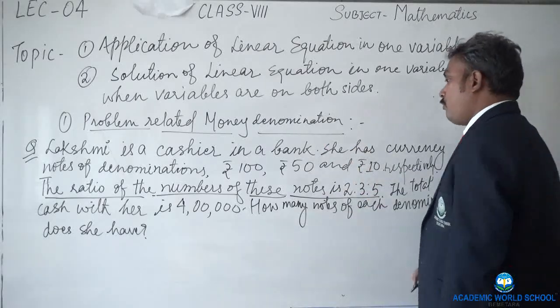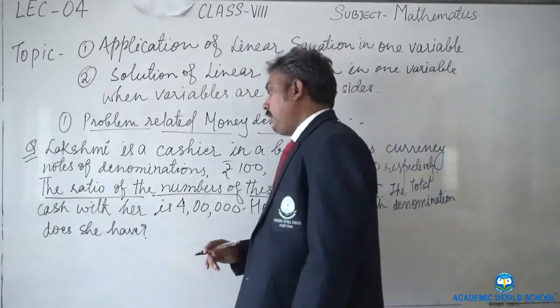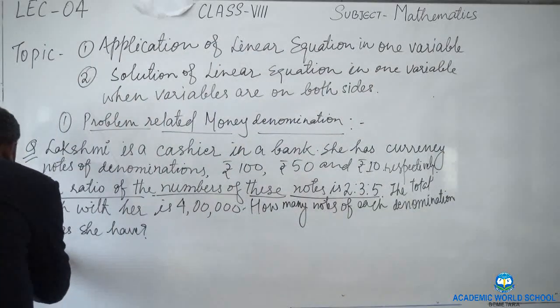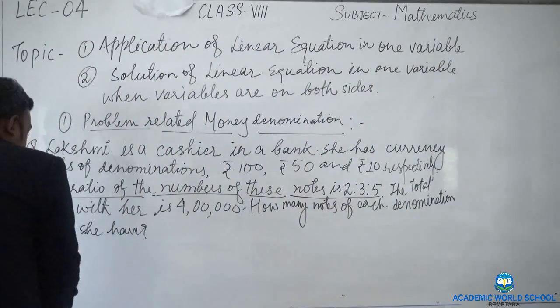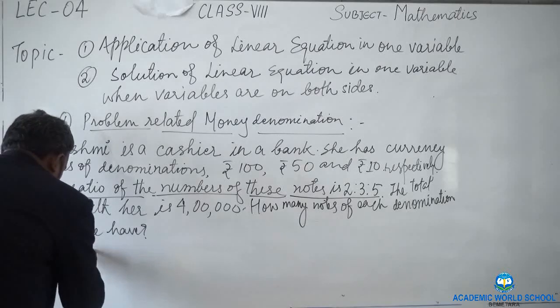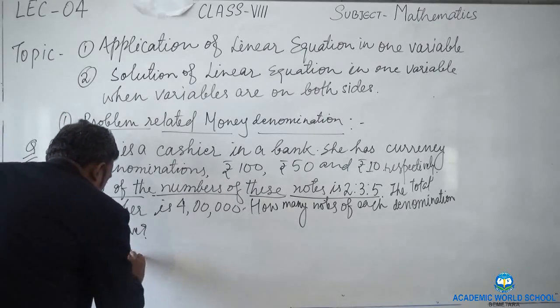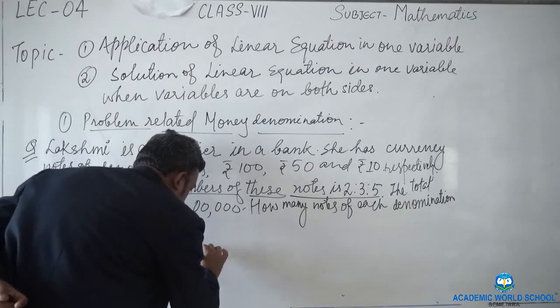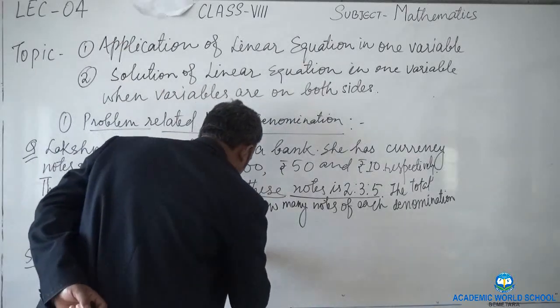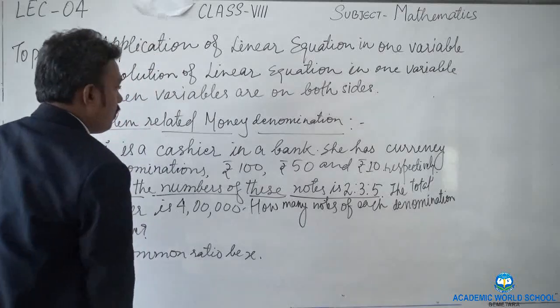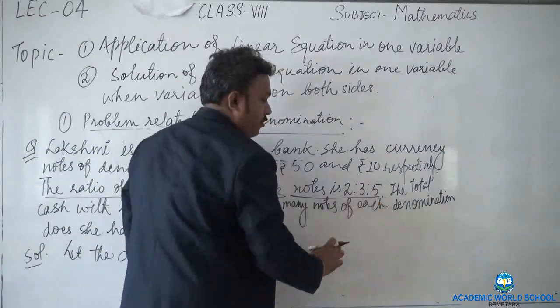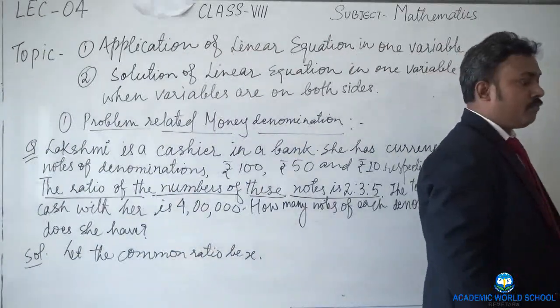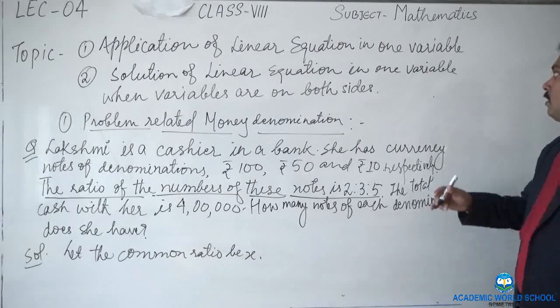Now, so we assume here. Let me write the solution. Let the common ratio be x. Means the common ratio. We assume that is x.